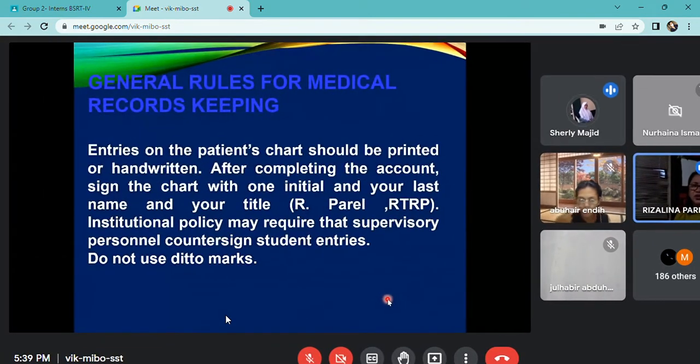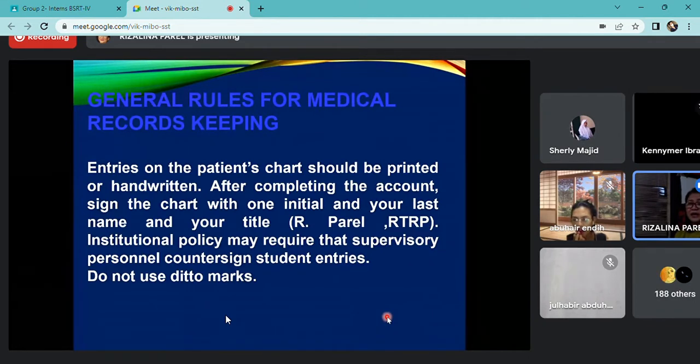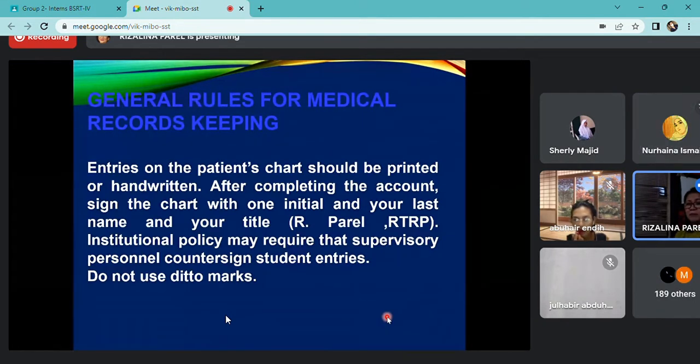So yung institutional policy may require that supervisory personnel should countersign the student entries. So just in case na like sa nursing practice, ang nurse student na intern ay nag-charting. So nakapag-chart din ako dati nung nag-nursing ako.